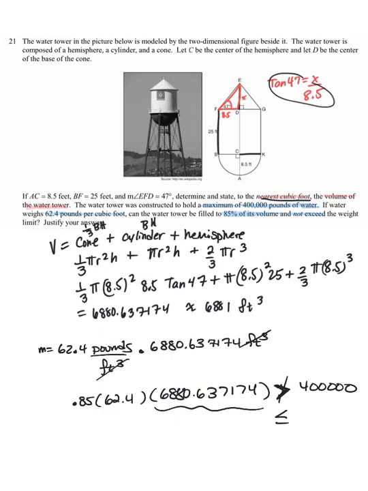So into my calculator, I'm typing 0.85 times 62.4 times this number, right? And so I get 364,948.9957, which is less than 400,000. So justify your answer. Justifying your answer is showing your work, so we're good.